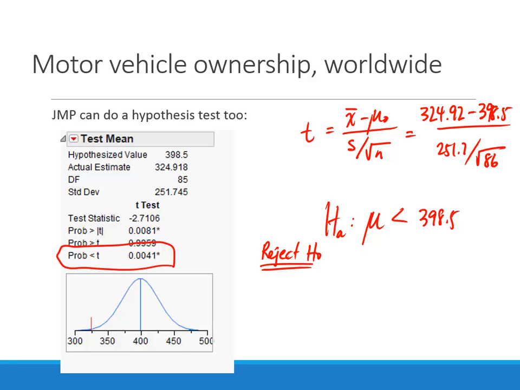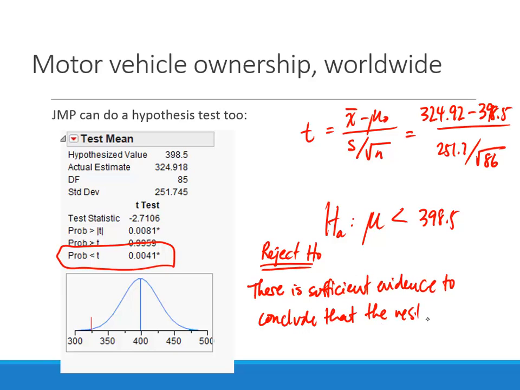And so what does that mean here? That means that based on this data set anyway, there is sufficient evidence to conclude that the rest of the world is half as likely to own a car as the U.S.